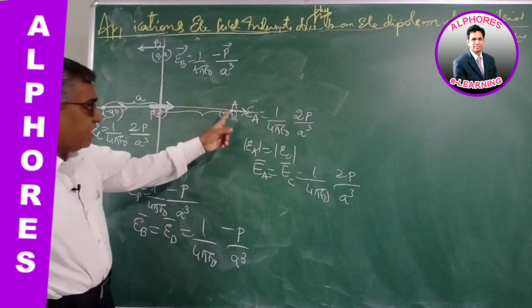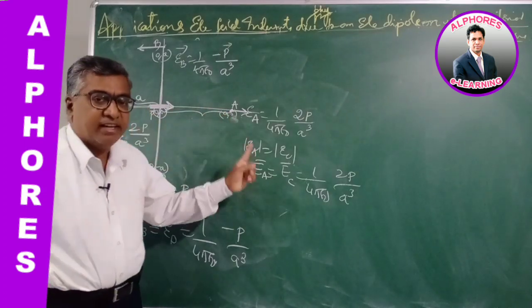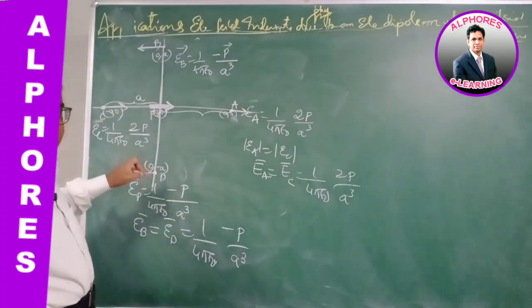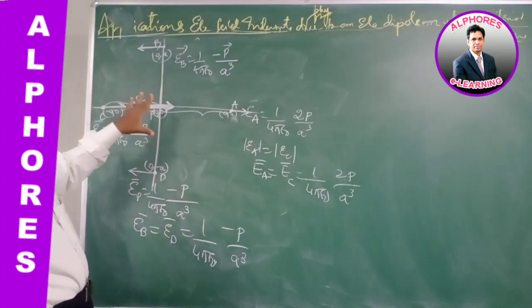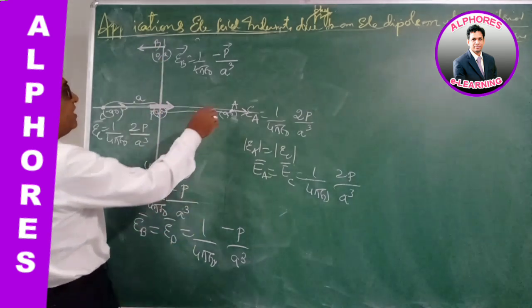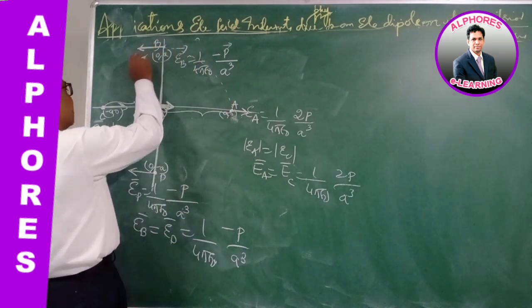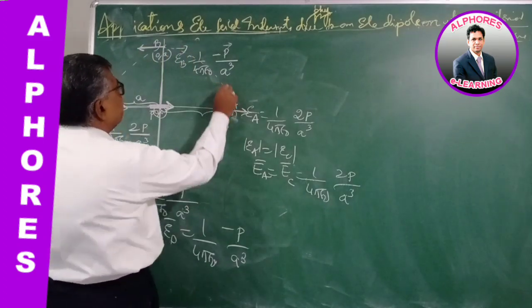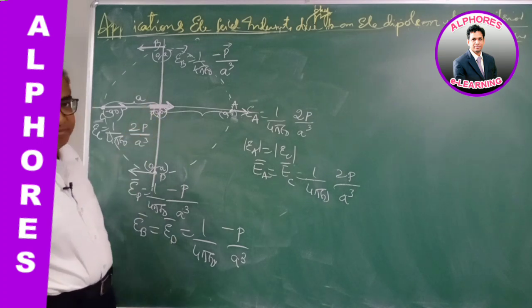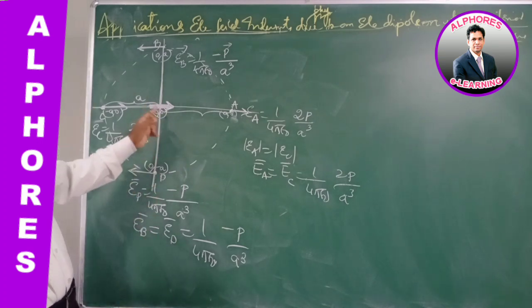So field at A, field at C both are equal in magnitude and direction. Field at B, field at D both are equal in magnitude and direction, since it's the same dipole and distances are equal. Actually, these 4 points are points on a circle of radius a, with origin O. Right? So origin is at O.